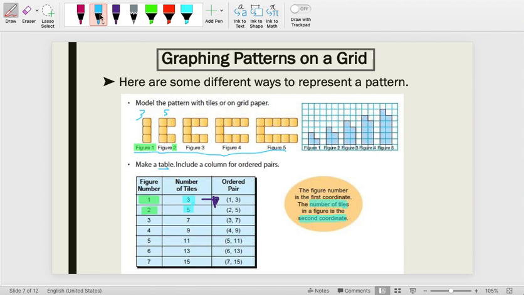Same thing here. Okay? This is figure 1. So on a table, this would be input value number 1, right? So you could even draw a quick little thing here. This would be a 1, right? So this would be our input or our x, right?